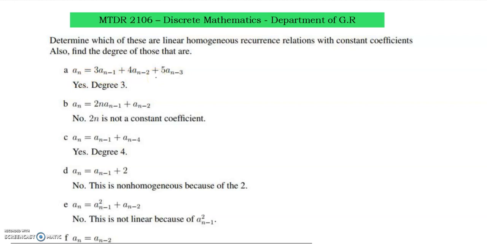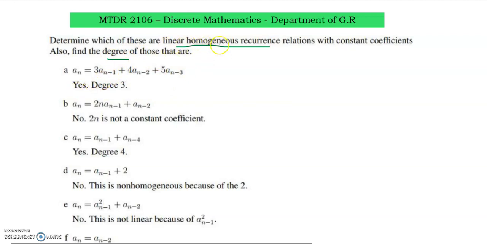Two questions are there. First we have to confirm whether it is linear or non-linear, homogeneous or non-homogeneous, and then we have to find the degree.